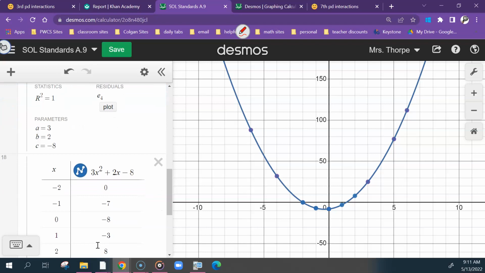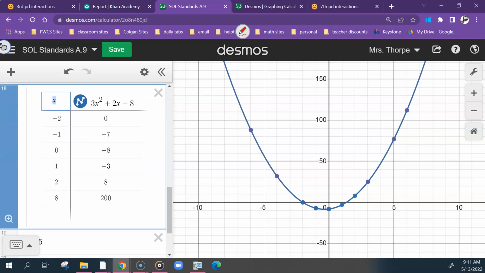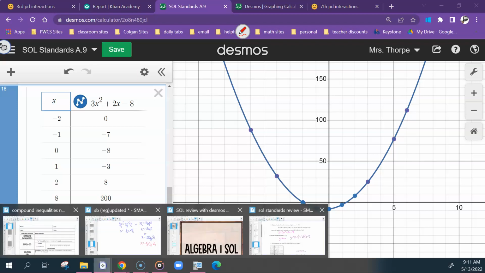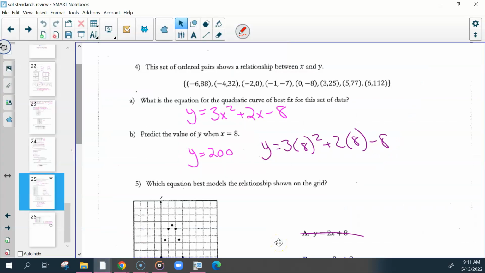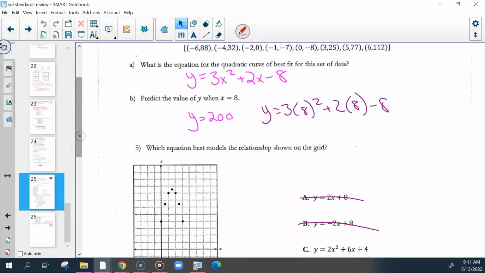You could write that equation down and then write it in a new line, make a table, put in your x value of 8, and you would get your y value of 200. You could also do it algebraically, since the numbers are nice. Either way.